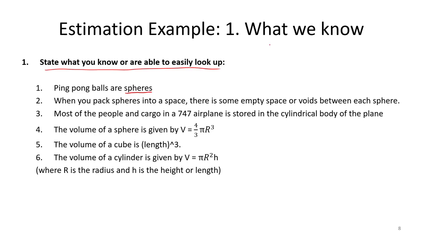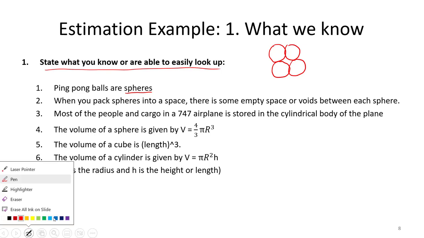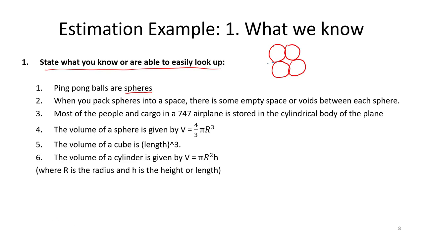We also know that if you were to pack a bunch of spheres into a tight space, the spheres are not going to occupy the entire space. There's going to be some void space, right? There's going to be some empty space between the ping pong balls.